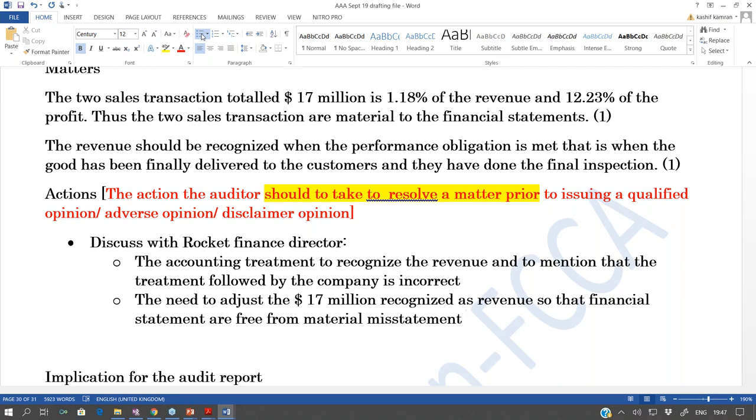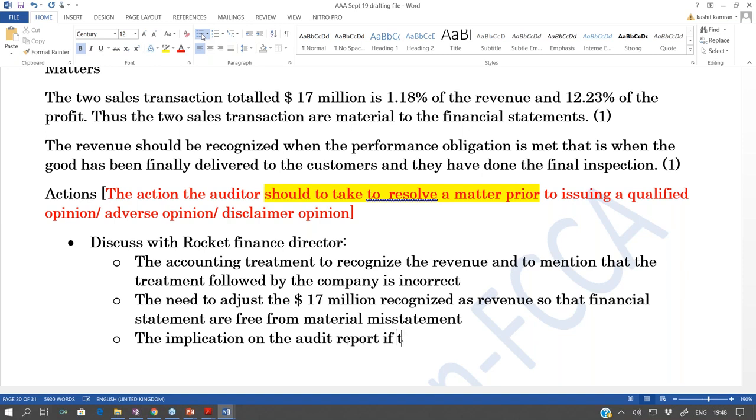Okay, number three action. Discuss with Rocket's finance director the implication on the audit report if the adjustment remains unresolved. Are we telling the implication in the actions?